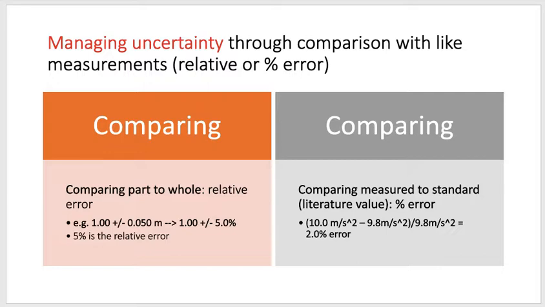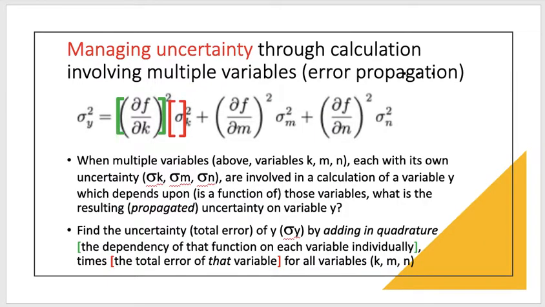But then the last point we'll make in some detail is that we manage uncertainty often through calculation that involves multiple variables, each one of which has its own uncertainty associated with it. And we call that management error propagation. The idea is that the uncertainty of the variables in a function has an impact on the uncertainty of the function's value as a whole.